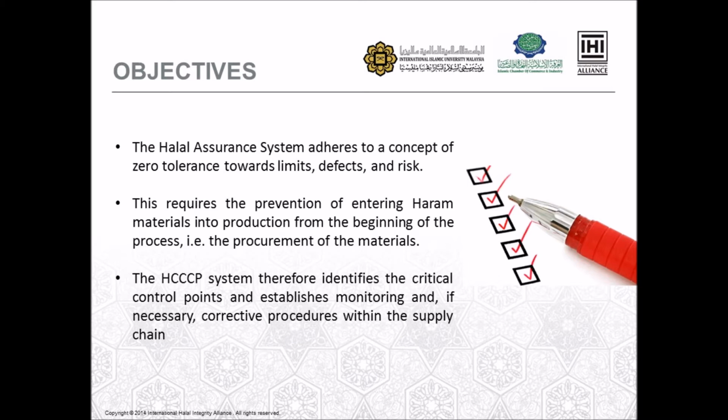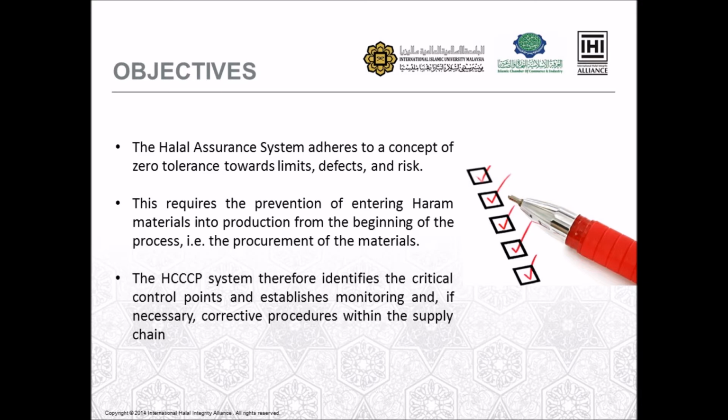This requires the prevention of entering non-halal material, the haram materials, into production from the beginning of the process, which is the procurement of the material. The HCP system therefore identifies the critical control points.